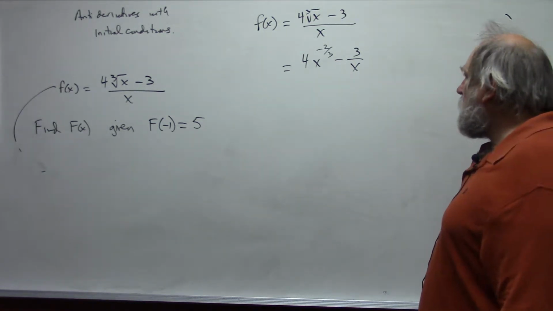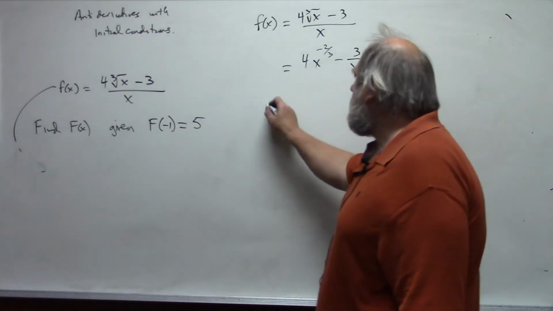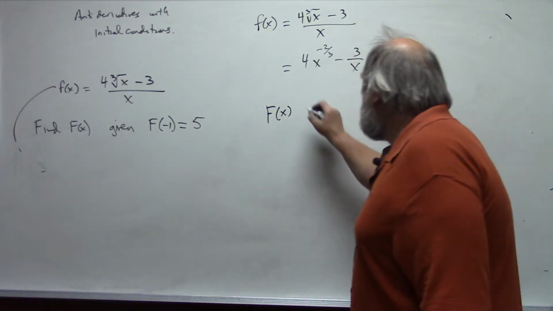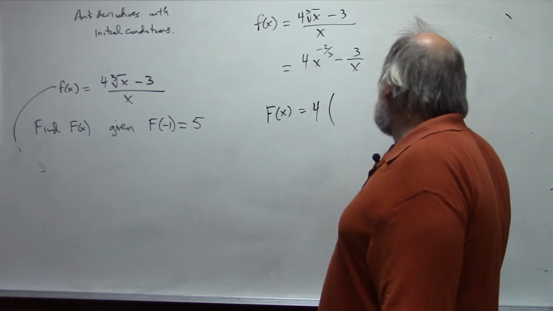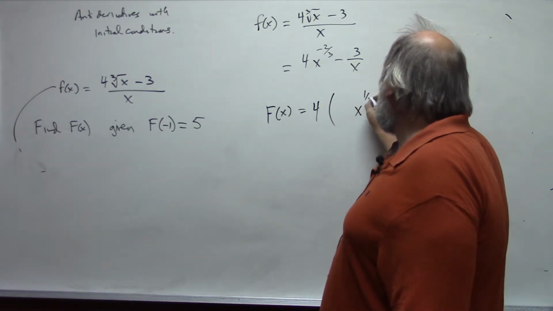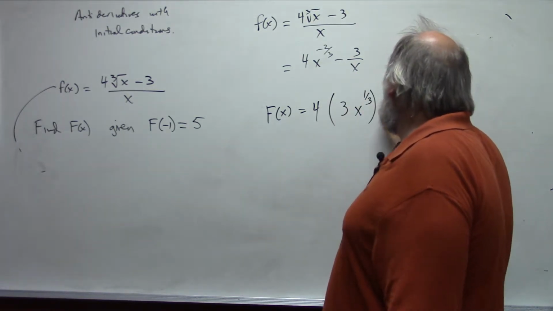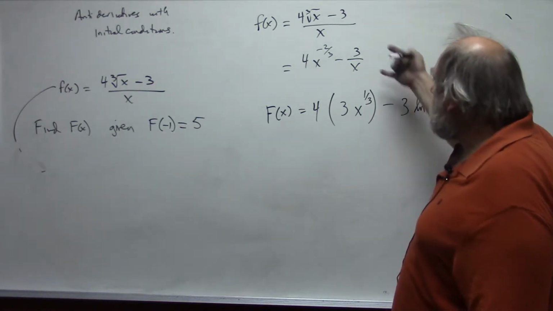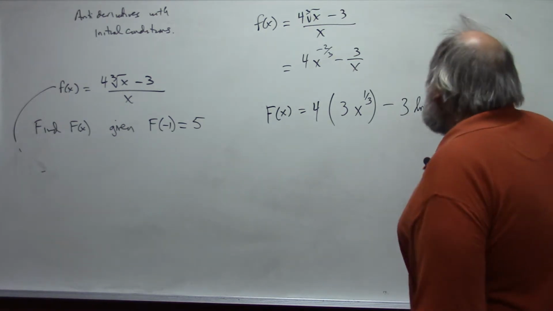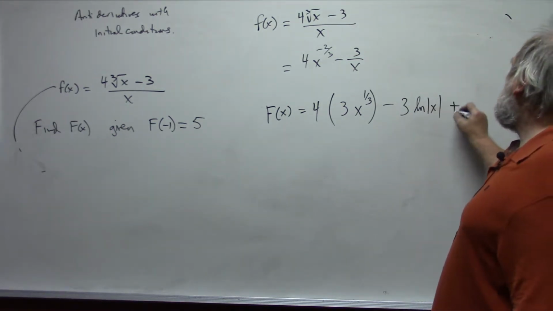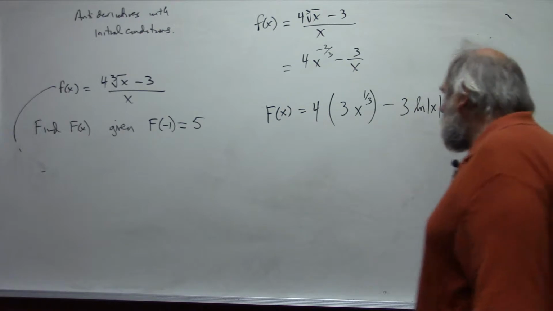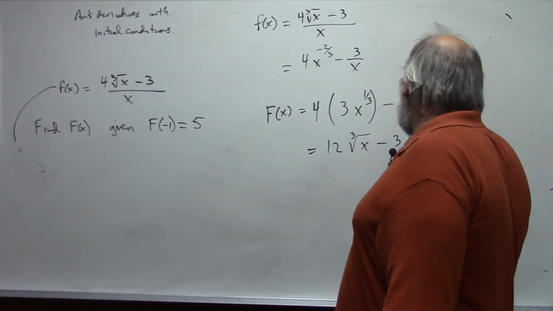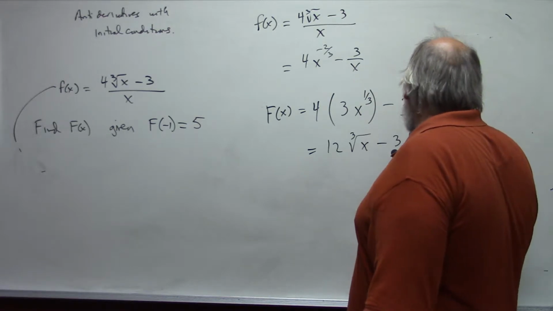And then at that point, my capital F of x is going to be 4 times, add 1, I get x to the 1/3, reciprocal 3, minus 3 natural log absolute value of x. Remember, this is not reverse power rule. Plus c, or then 12 cubed roots of x minus 3 natural log absolute value of x plus c.